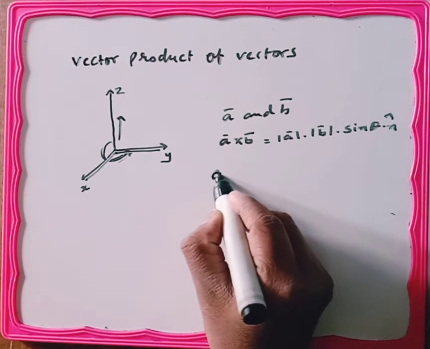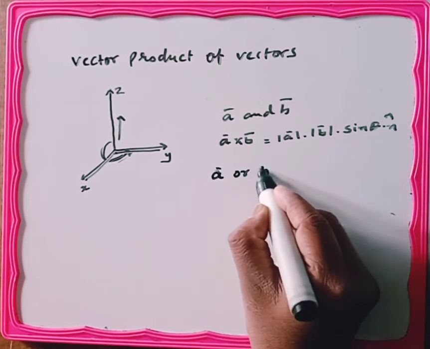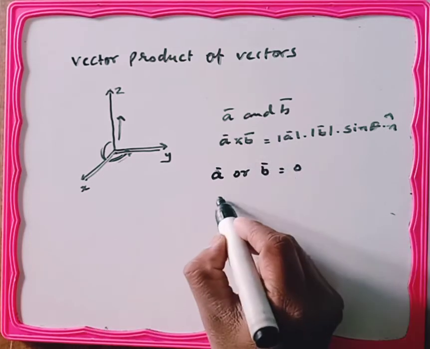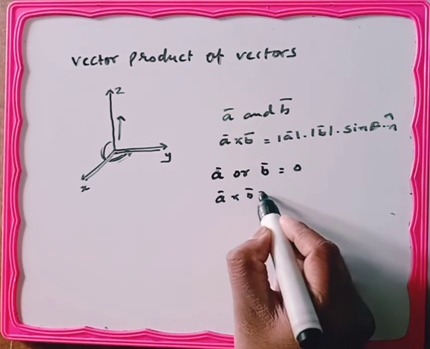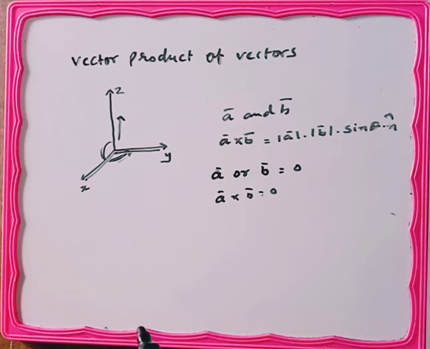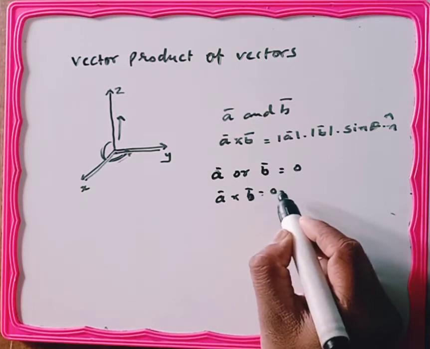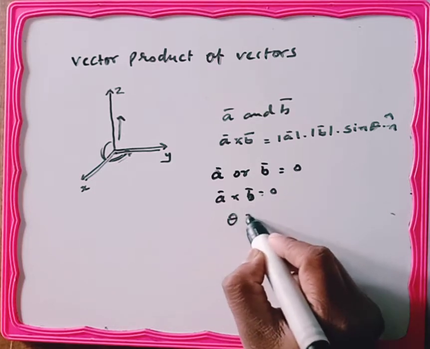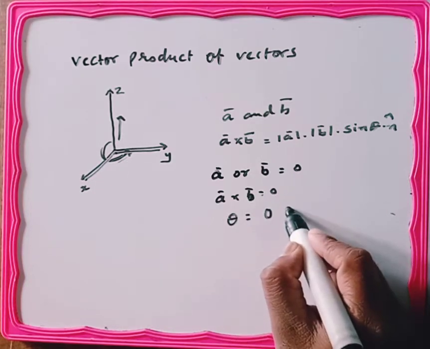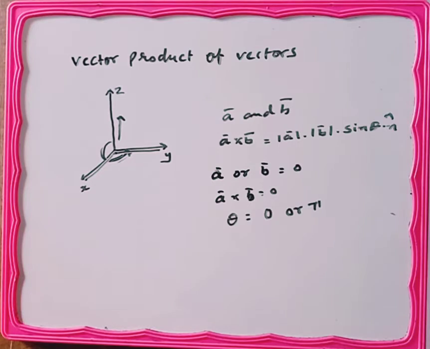Now if a bar or b bar equals 0, then a bar cross b bar equals 0. That means we can say theta equals 0 or pi.